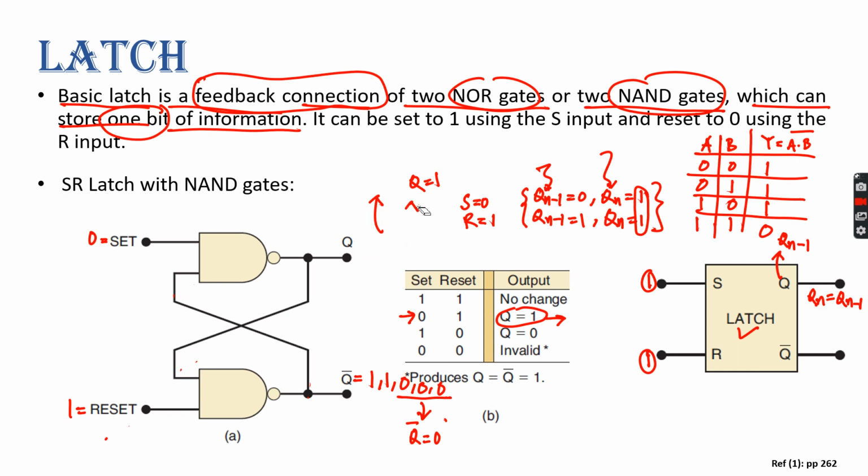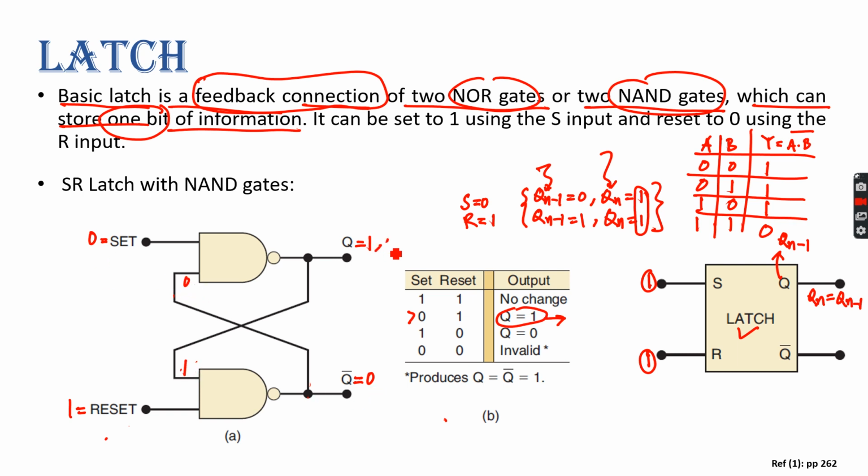Suppose now we are taking the second case, q n minus 1 equals to 1 and q bar equals to 0. Now for the first case, this 1 will come here and this 0 will go there.